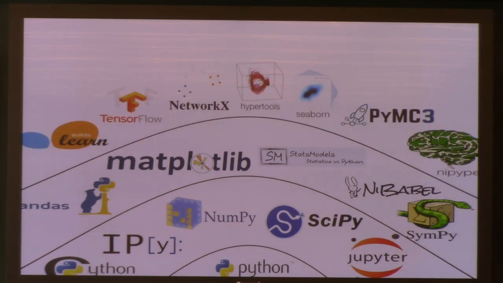Built on top of that are things that you'll probably be using more of. Just to be clear, you'll be using NumPy, SciPy, Matplotlib, and Pandas a lot. But then there's scikit-learn and TensorFlow, one of the deep learning libraries, which has a reasonably high-level syntax and can compile down onto GPUs or CPUs, so you don't have to worry about that yourself. NetworkX, Carolyn, are you going to talk about that at all?